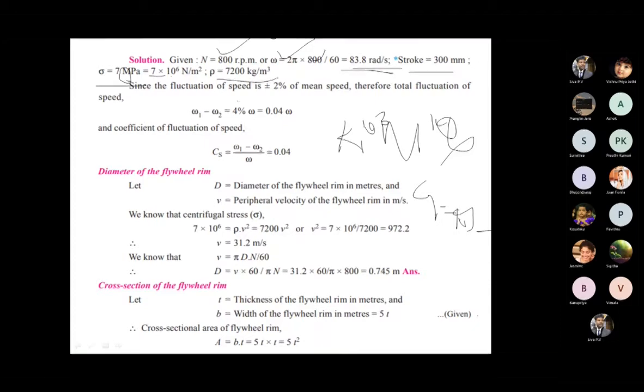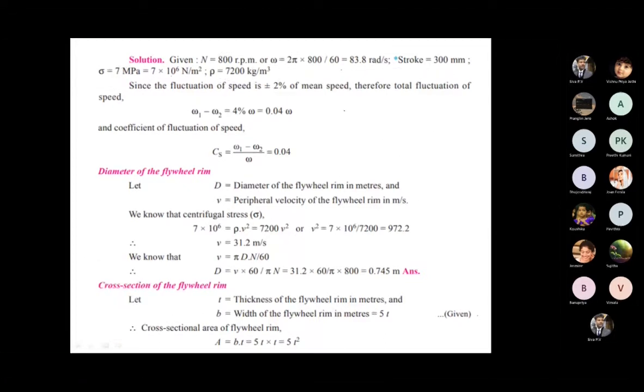The fluctuation of speed is 2% of mean speed, as given. Yesterday we discussed this, plus or minus 2%. So this is a turning moment diagram, with crank angle on the x-axis and turning moment on the y-axis. In that, the mean torque will be here.